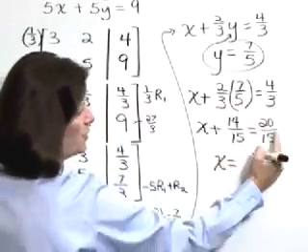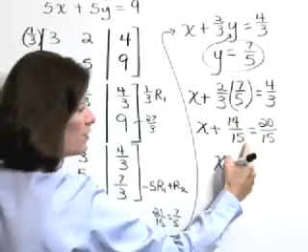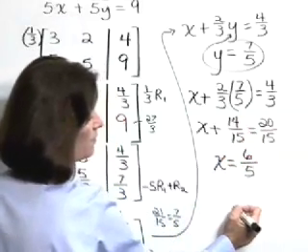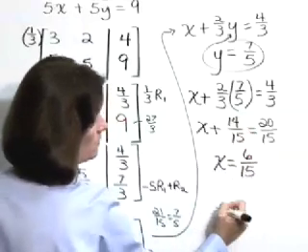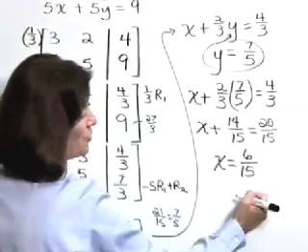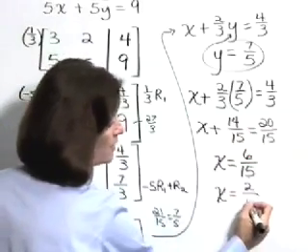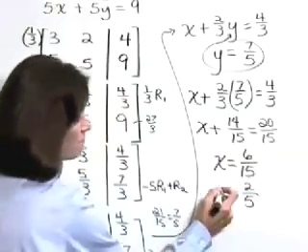So x is equal to 20/15 minus 14/15. That's 6/15. Now reduce that. 3 goes into 6 twice, into 15 5 times.